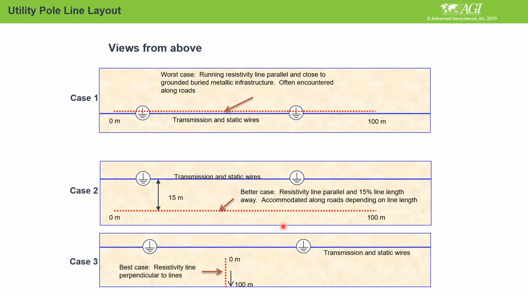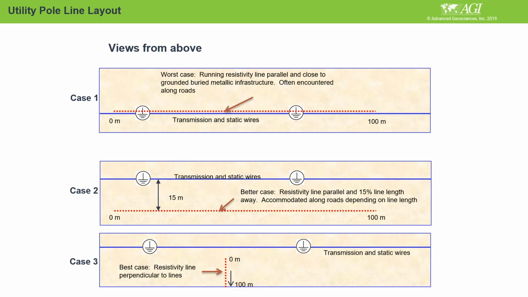Typically in electrical imaging, the depth of investigation is related to your total electrode spread, like the AB electrode spacing. If maximum AB is 100 meters, I'm investigating about 15 to 25 meters depth, so about 15% of the spread. So the best thing is just go across if you can do that.